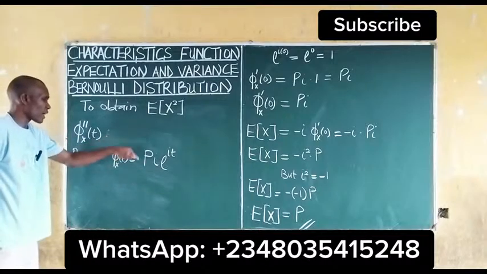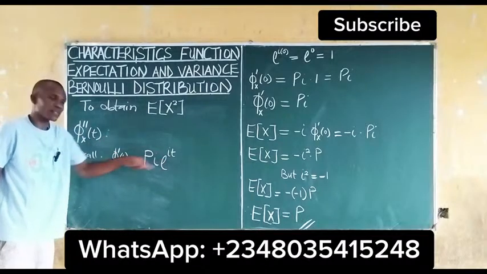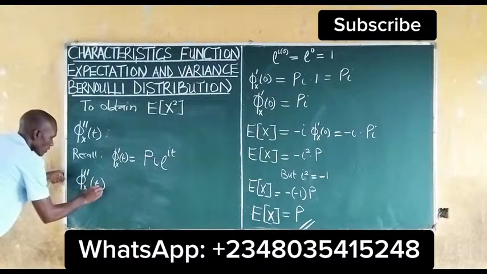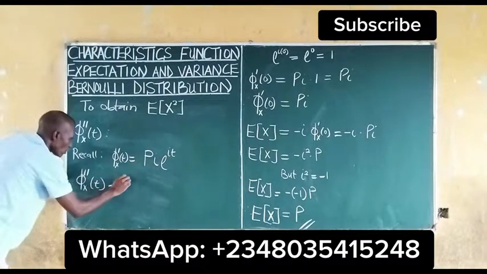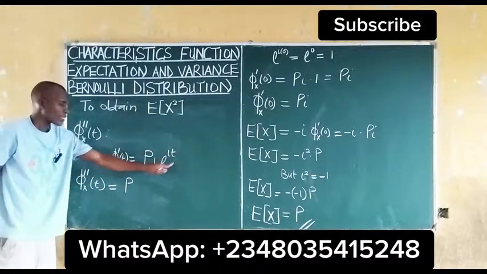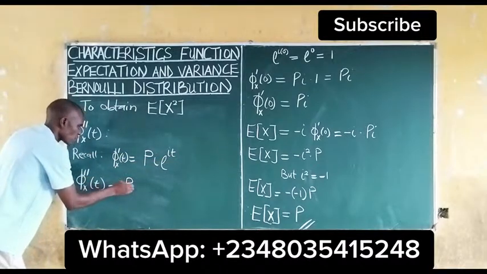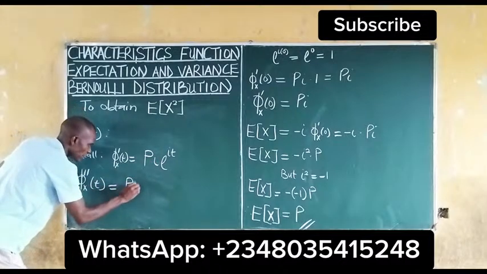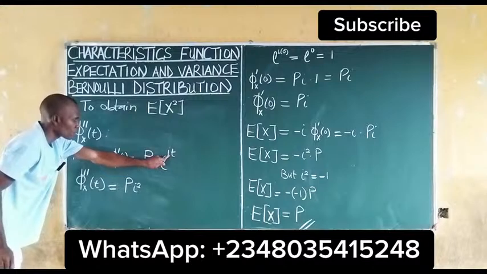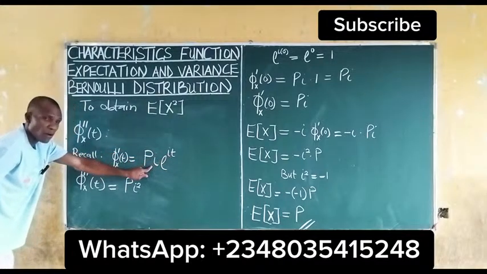So what we'll do now is to differentiate this a second time, with respect to t. The second derivative will give us this. Our imaginary part will now turn to i squared, because if we differentiate this function, we will have another imaginary part that will come here.